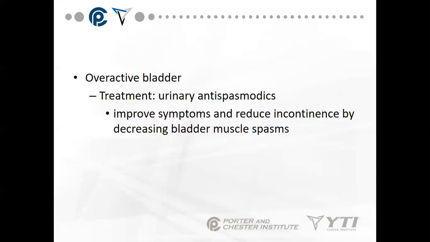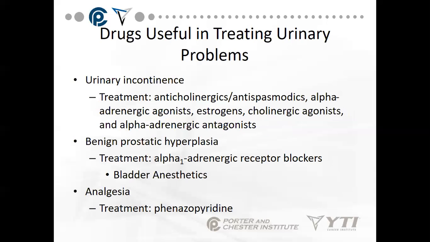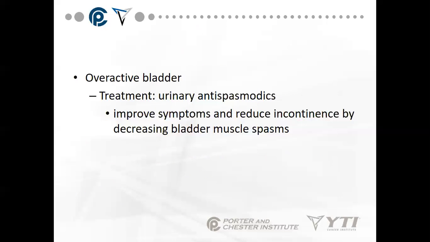You also have drugs for overactive bladder, which is right here. There's phenazopyridine, what I was telling you about, the color of the urine. And then you have your overactive bladder. The overactive bladder, or the OAB, is a problem especially when patients are older.